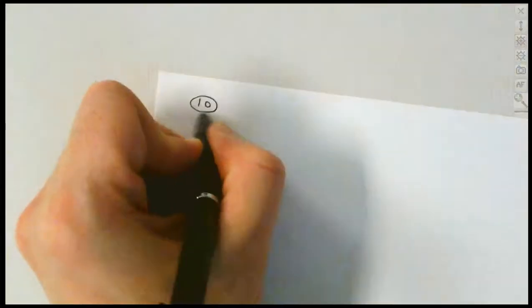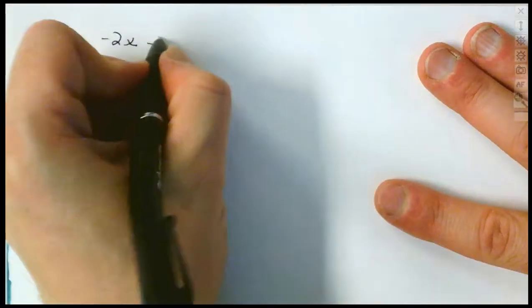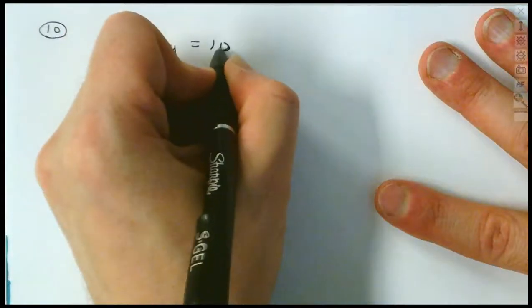Okay, we've got a few more to look at. Question 10 is the next one that we asked about. Okay, so question 10 here in 3-2. We're going to find our intercept. So for question 10, we have -2x minus 2y equals 10.